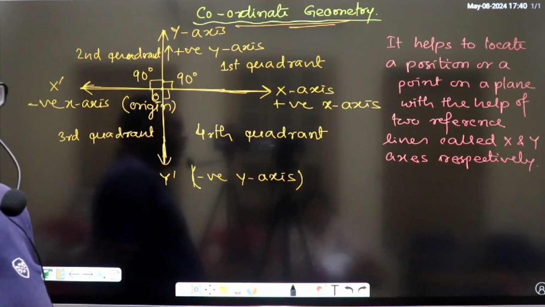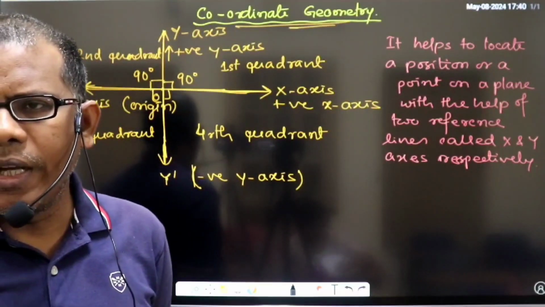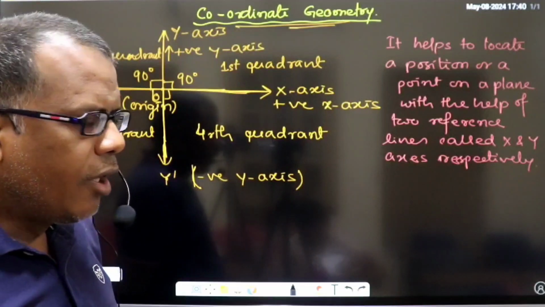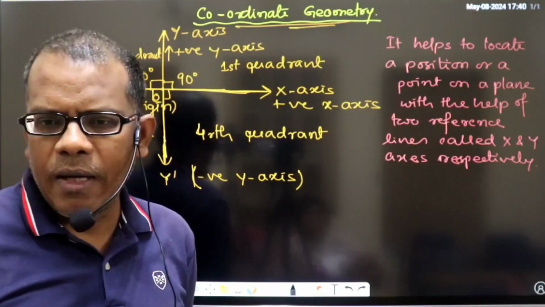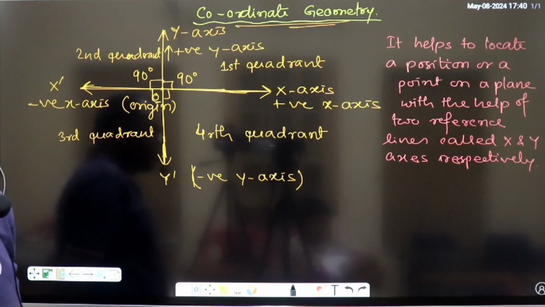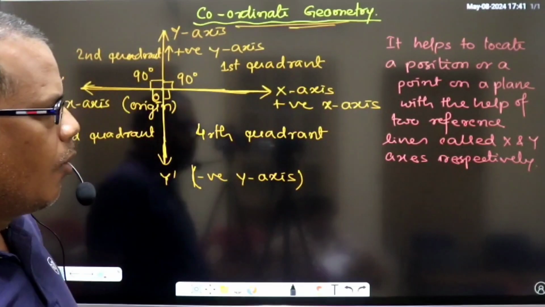We mention the name of the road on which our house is located. We use the term nearby a specific landmark, right? So these are the reference frame, reference points.